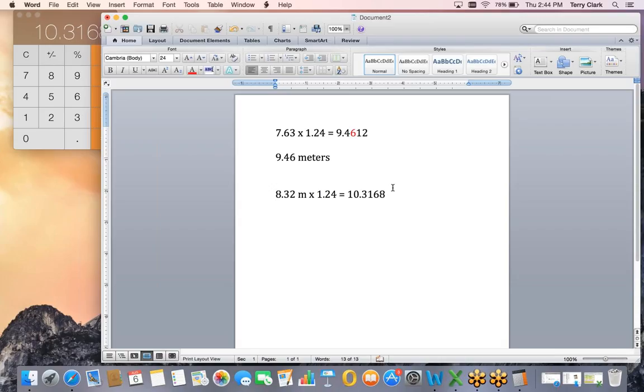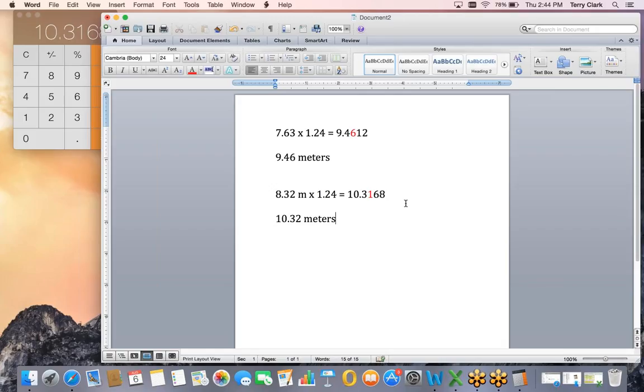Then we have to round that to the nearest hundredth place. So the 1 is in the hundredths place. I'm going to put that in red so we can see it. It's got to be rounded either up or stay the same. In this case, because 6 is 5 or more, this gets rounded up to 10.32 meters.